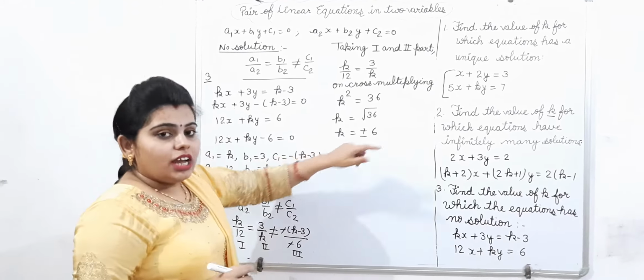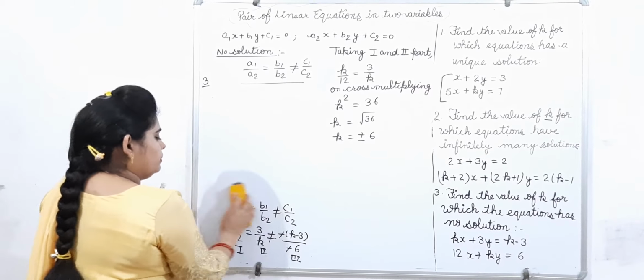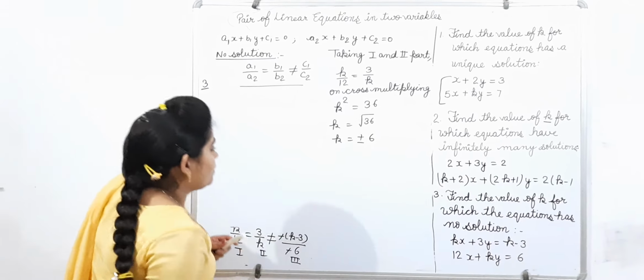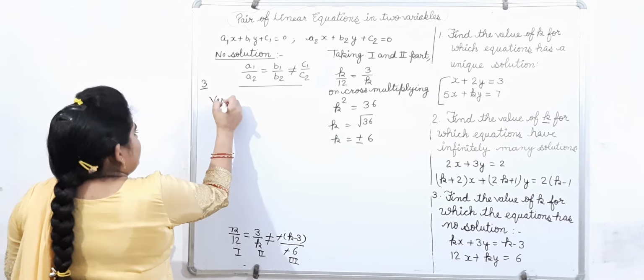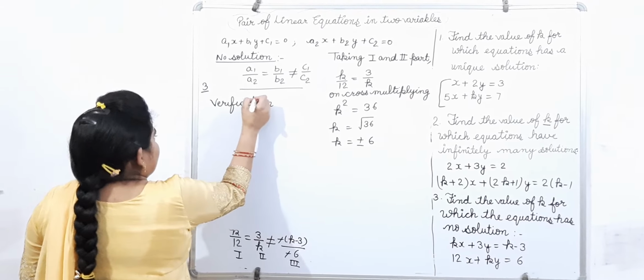So for this we will verify. Taking the first two parts, for k is equal to 6.